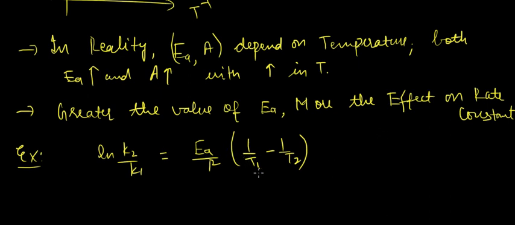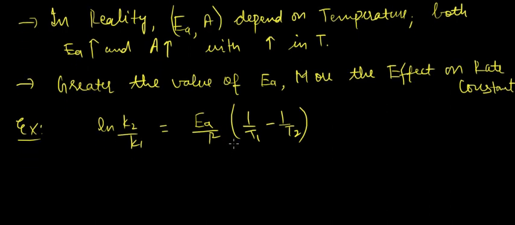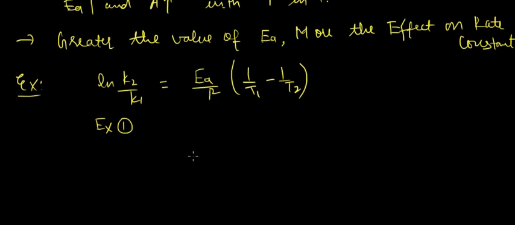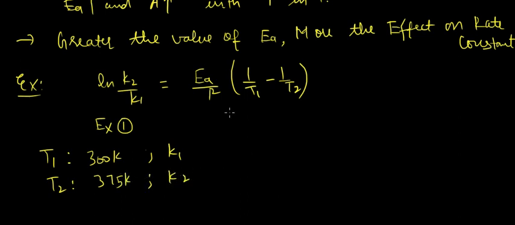So for a particular reaction we did an experiment in which, in the first experiment, we took T1 as 300 K and got some rate constant k1, and secondly we took T2 as 375 Kelvin and got some k2.